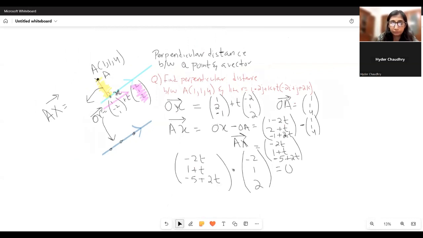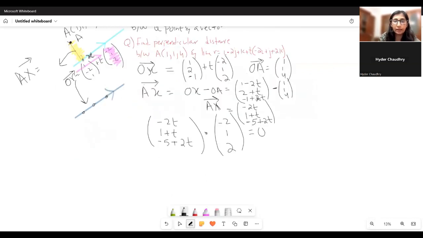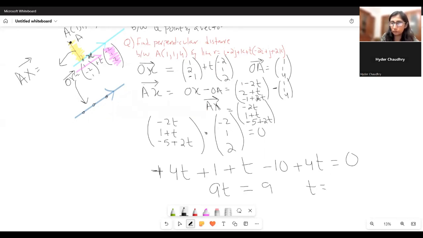So let's see. We have plus 4t plus 1 plus t minus 10 plus 4t equals 0. So we have 9t equals 9. So t is equal to 1. Did you get the same?